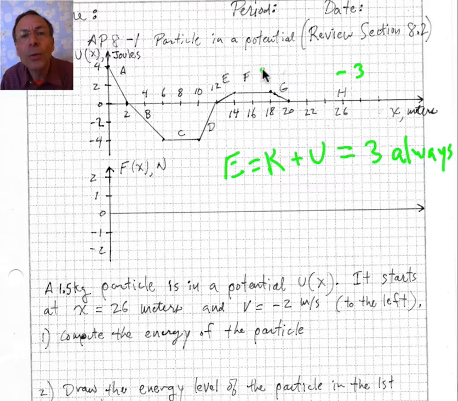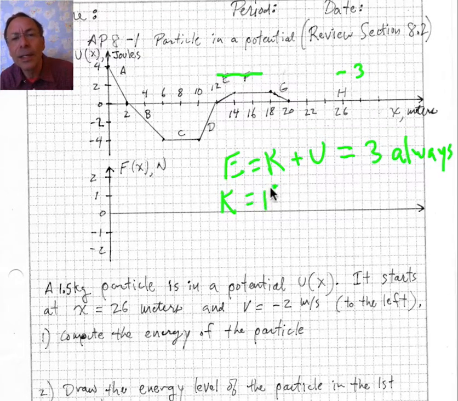So when you ask the question, what is the kinetic energy here? Well, we could do it this way. K equals E minus U. Now, E is 3, it's always going to be 3, minus U. And you look at the graph, and the U right here is 1.